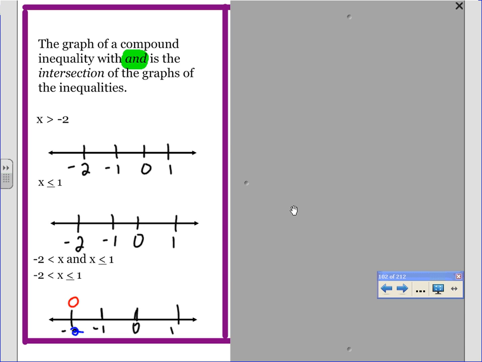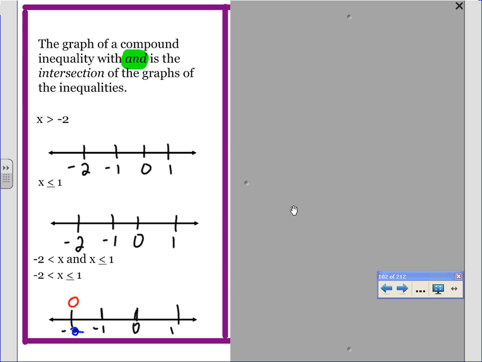Okay, so here's what we're going to do. We're going to graph these as a review. Down here too, 4 tick marks, same numbers. We're going to practice graphing these back from 6.1 and 6.2 so that you're okay when we graph them as compound inequalities.